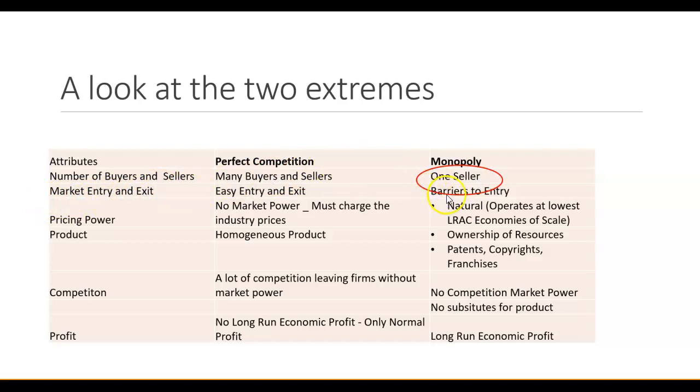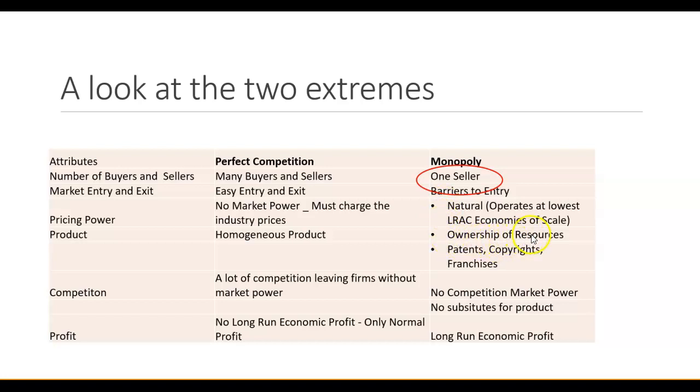Looking at market entry and exit, in a monopoly there are barriers to entry. That means that it's hard to break into this business. Now, it can be hard because there are natural constraints, which basically means that sometimes a company needs to grow to a very large size before it can lower its average total cost and become efficient. So that becomes a deterrent to other companies from entering into this industry.